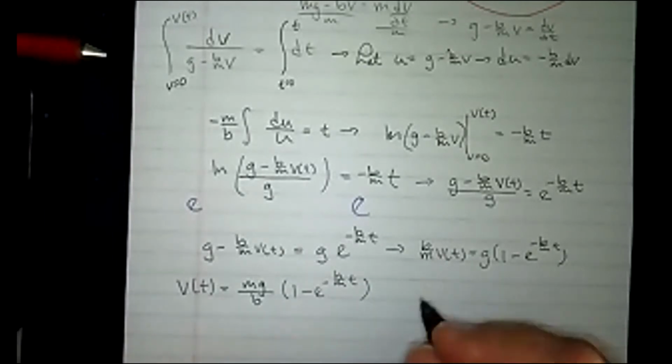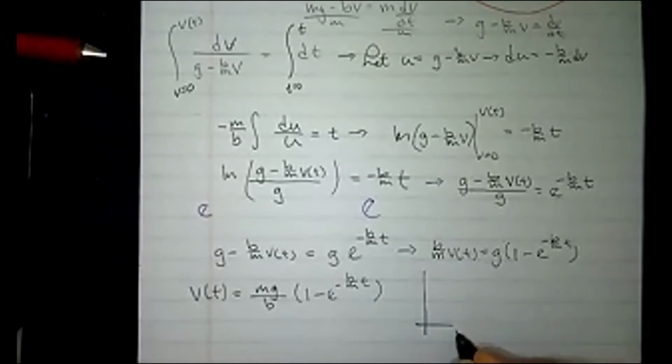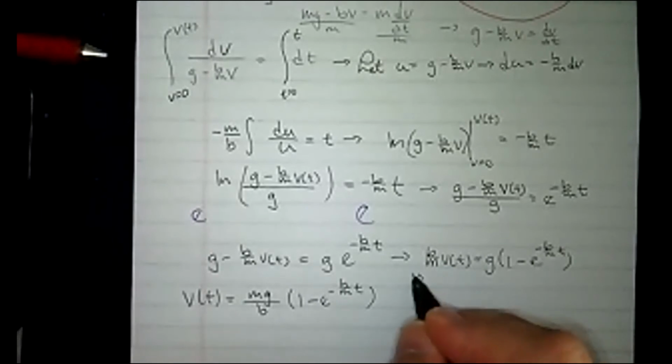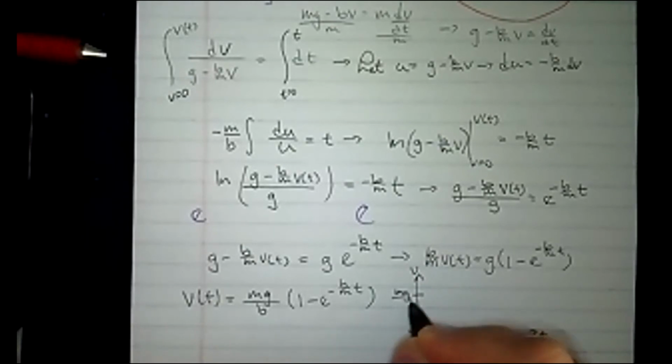So what you see is it should asymptotically approach the velocity mg over b. So make a function of time like this and make v this way, then it's going to start at 0 and it's going to have a velocity mg over b as sort of an asymptote.